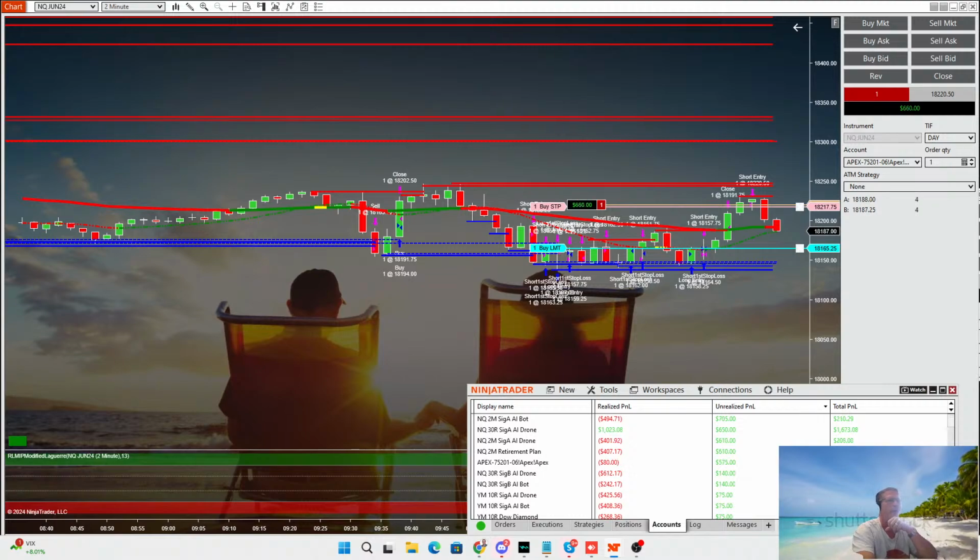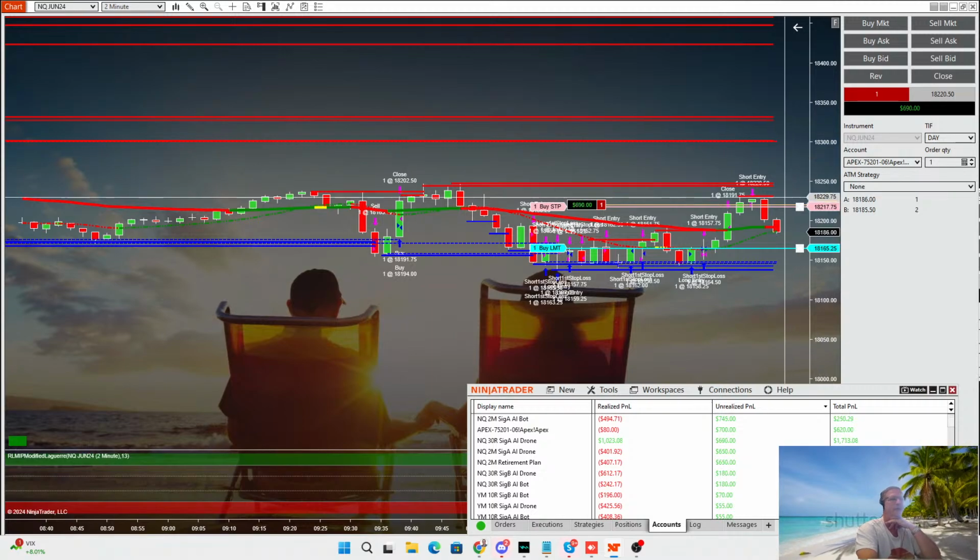Very close to taking profits on this trade. Let's see if we can get it to run down.